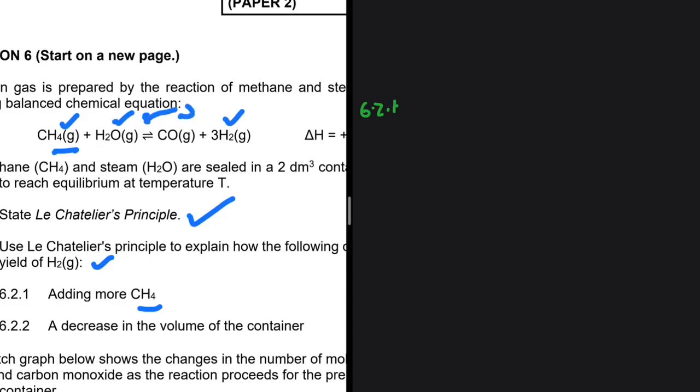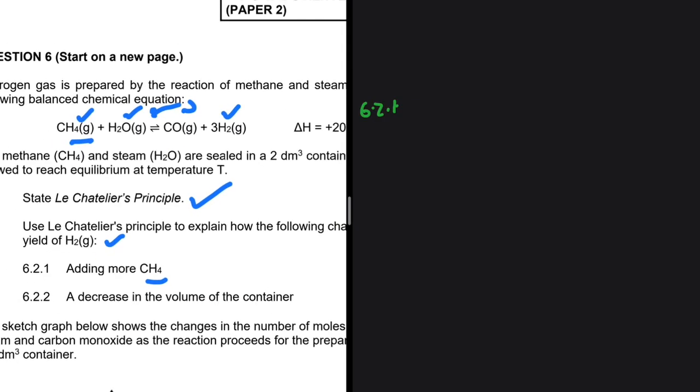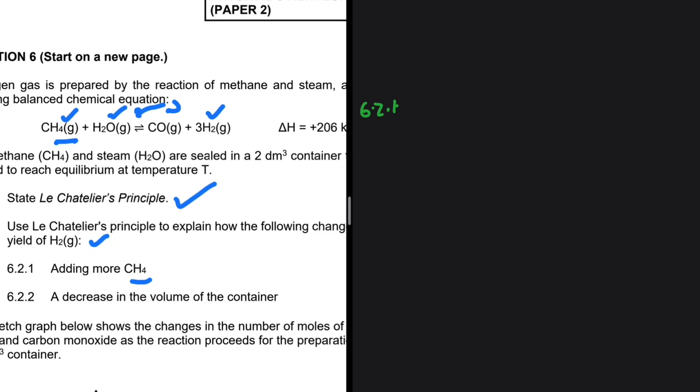The system reinstates a new equilibrium by favoring the reaction that opposes the change. So 6.2.1, adding more CH4, more methane, would increase the yield of H2. It increases the yield of hydrogen gas.